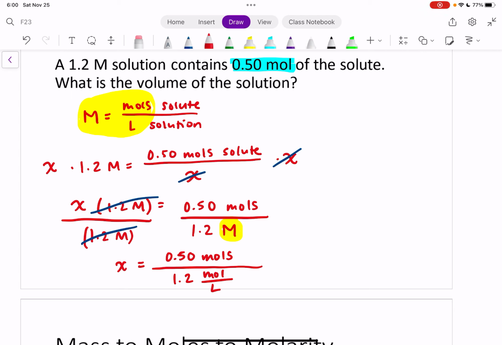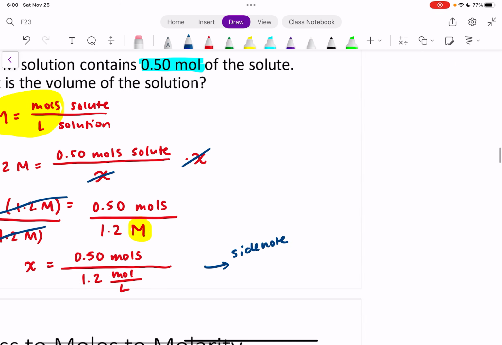Now, just as a side note, looking at these units here, if we have 0.50 moles divided by 1.2 moles per liter, we could also think of that as being multiplied by 1 over 1.2 liters per mole, right?